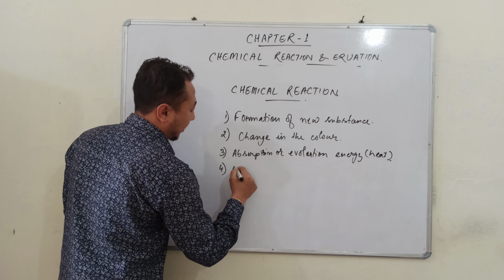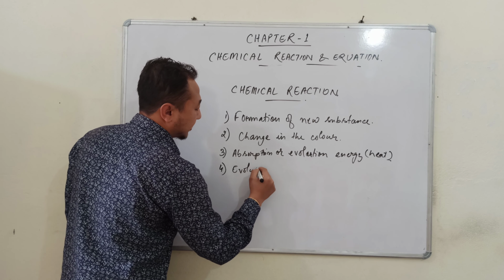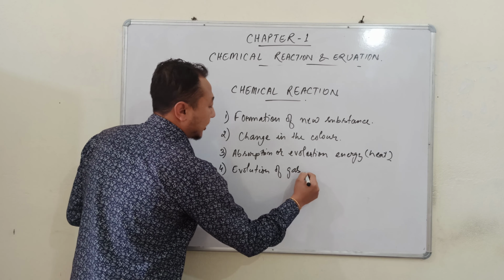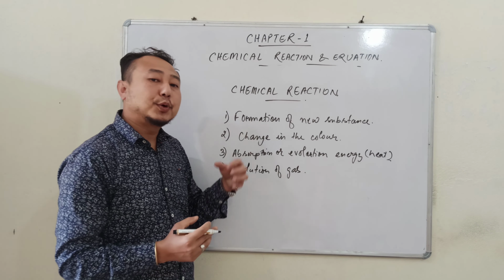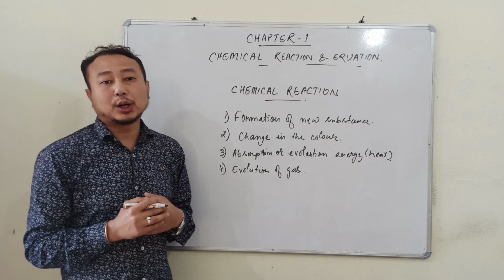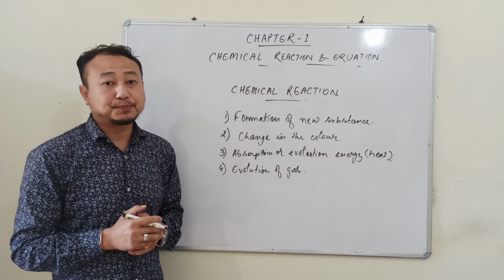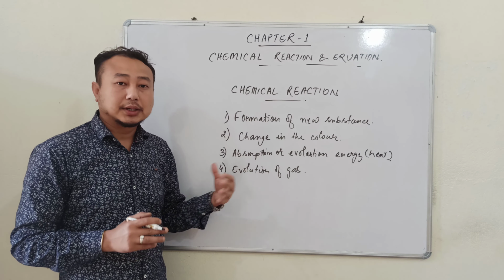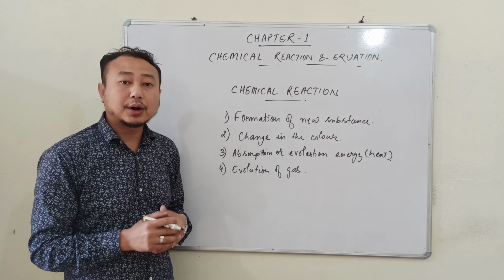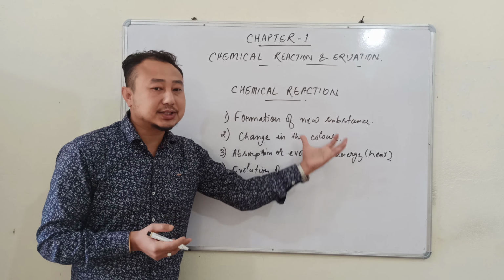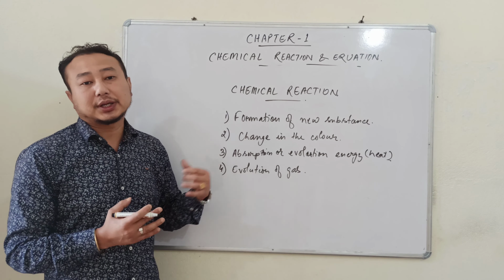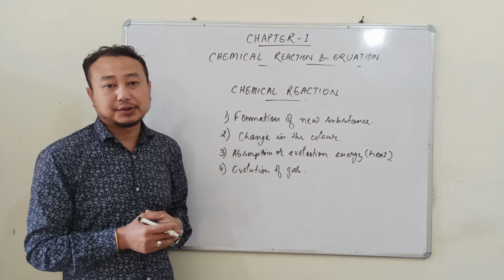Number 4, evolution of gas. These are some of the important or common characteristics that we observe during a chemical reaction. In a chemical reaction, one of these characteristics may be observed, or in some of the chemical reactions, all these characteristics may be observed.